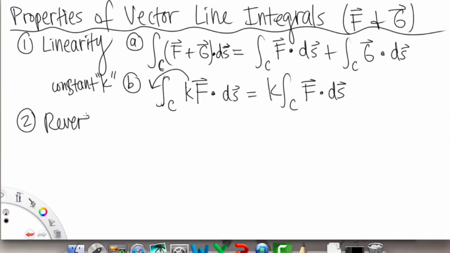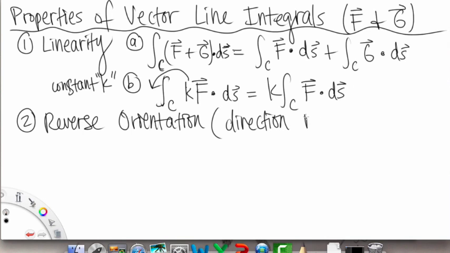Okay, and then we have two more big properties, the first one being reversing orientation. Because we are dealing with vector line integrals, that means that direction does matter. So basically, if you have a curve and you're traversing it one way versus another, the negative curve means the opposite direction.